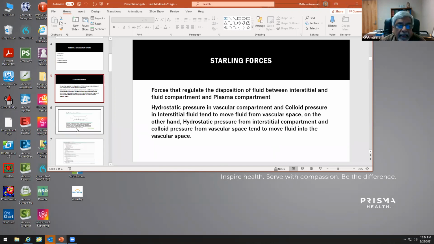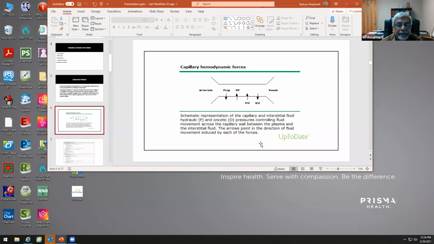So this next slide shows that in a cartoon form. It's a schematic representation showing that the oncotic pressure in the intravascular space pulls water in, and the hydrostatic pressure from the interstitial space pushes water in as well.